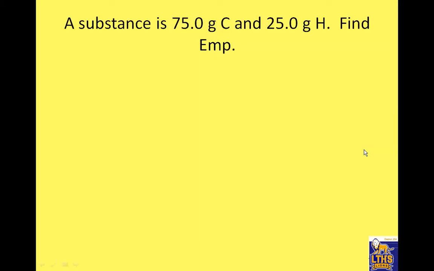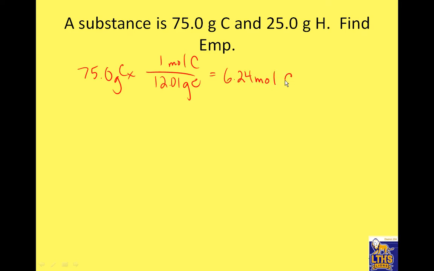Okay, here's another empirical formula problem. All right, so we start with the grams of carbon, and we change it into moles. 12.01 grams of C for 1 mole of C, and we get 6.24 moles of carbon. And then we do the same thing with the grams of hydrogen, and change it to moles.